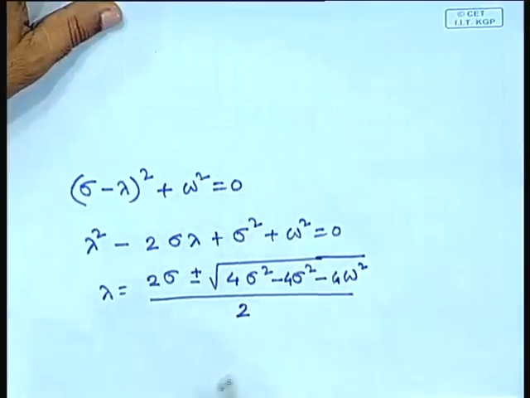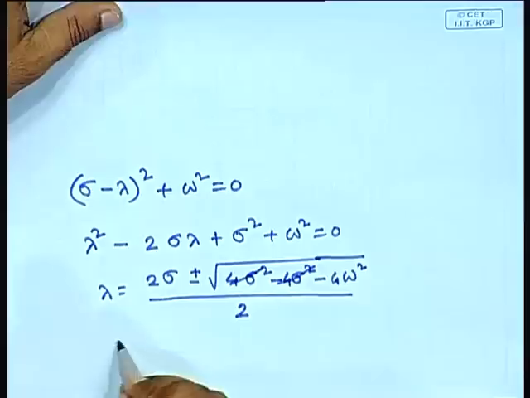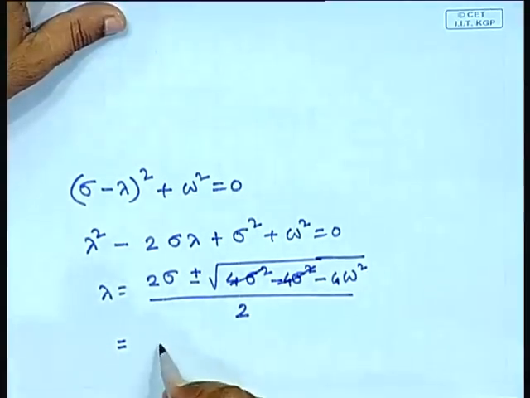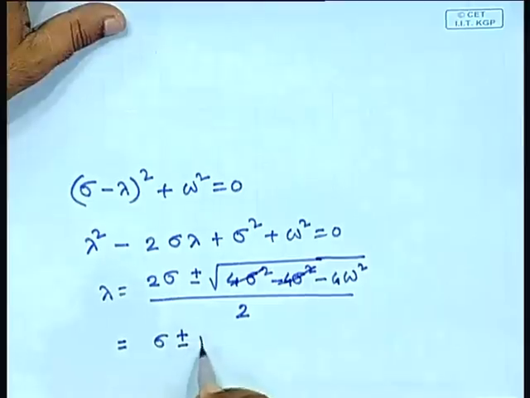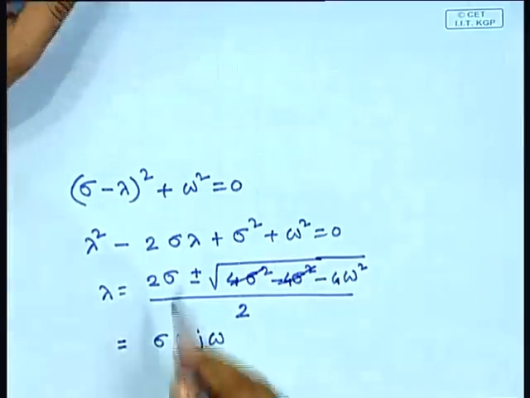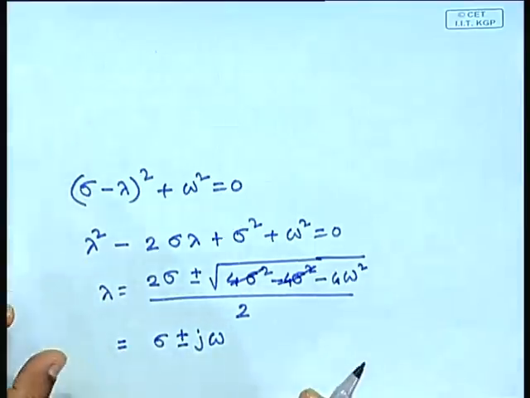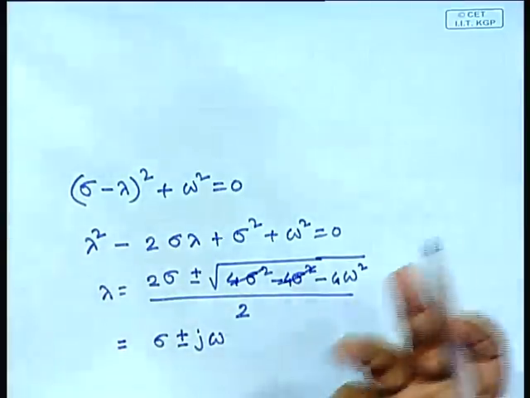This cancels off, and we are left with sigma plus minus j omega. That is why we chose that equation actually, because this gives nice complex conjugate eigenvalues.